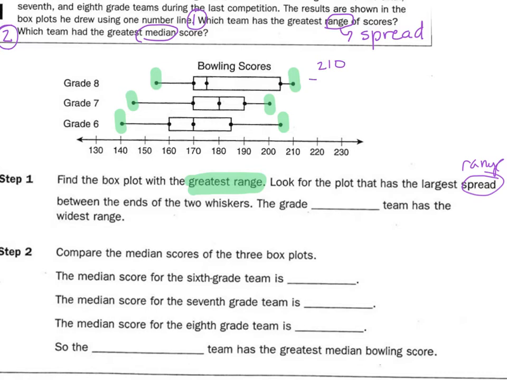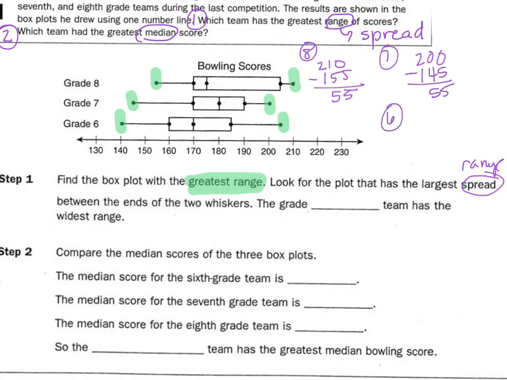That looks to be about 155. And this is 8th grade. So when I subtract that, I have 55. So 7th grade, and that one's easy, that's 200. And then that's 145. So when I subtract that, I have 55.